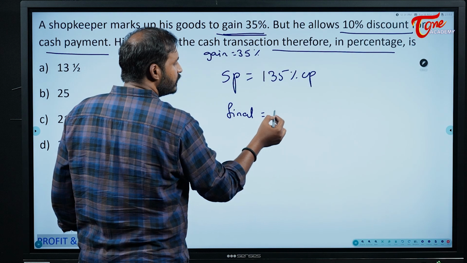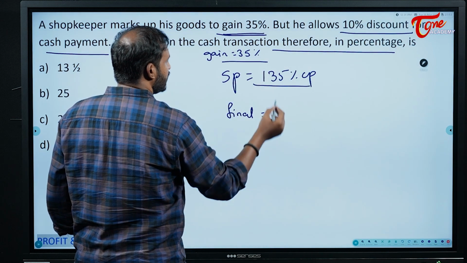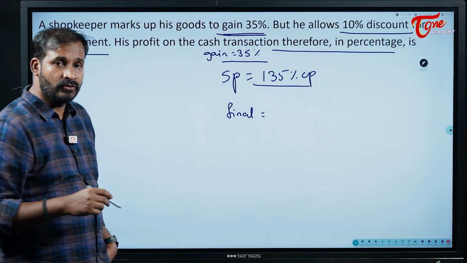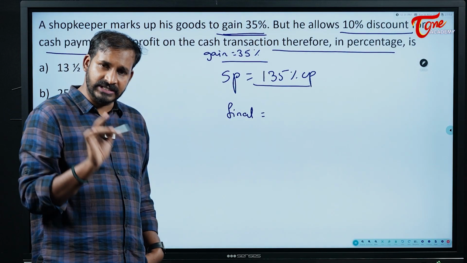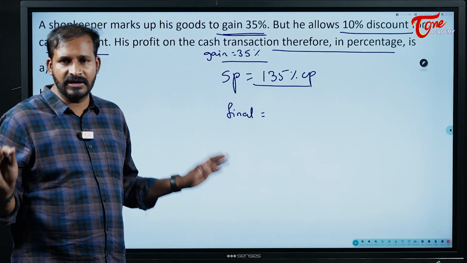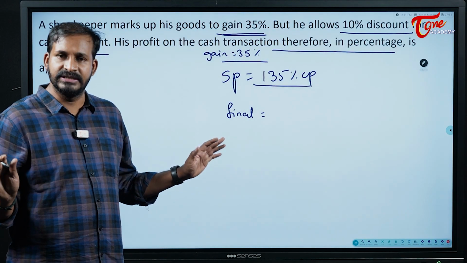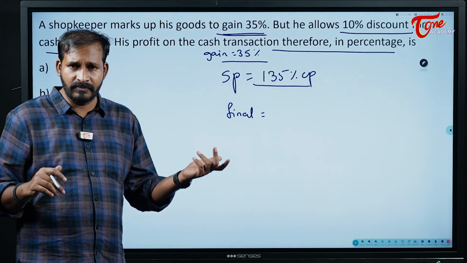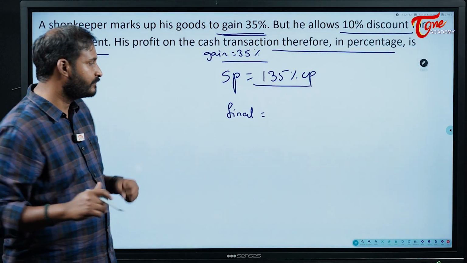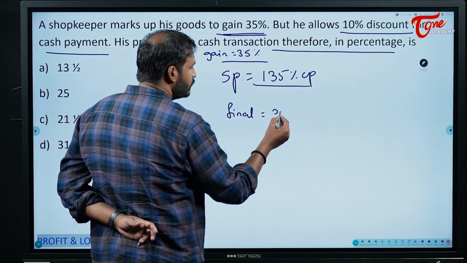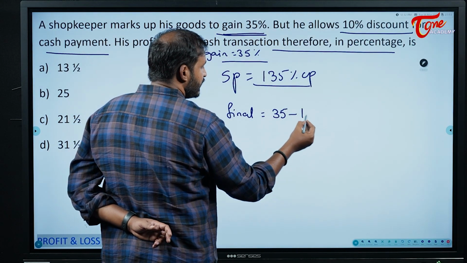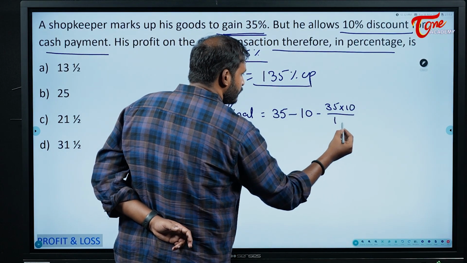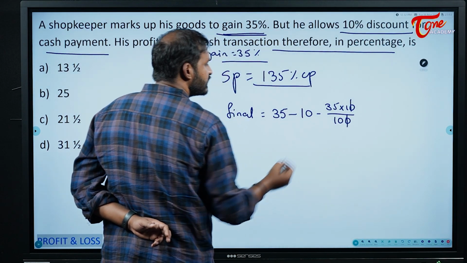Final is equal to, what is initial marked up price? 35%. Don't think that gain is different in this gain. Actually, overall he is getting a gain of 35% in general, but by what method? By increasing the price. So, final is equal to 35 minus 10 minus 35 into 10 by 100. 0, 0 get cancelled.